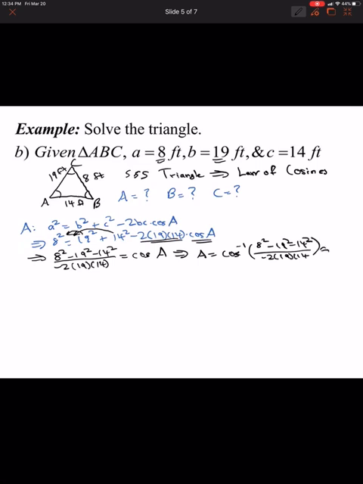We'll round to the nearest degree. So let's put that in our calculator, and I'll let the TI do the work for me.